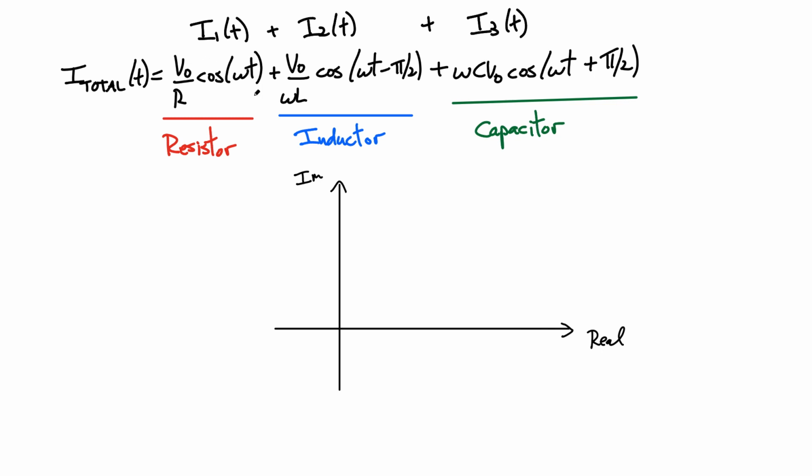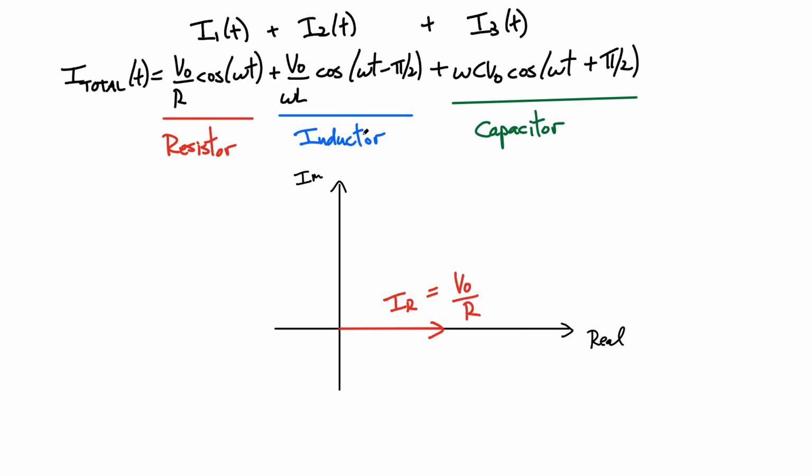So anything that's in phase gets plotted as a vector here, and the magnitude of the vector is whatever the amplitude is, which we just calculated. So for our resistor, this is the current through the resistor, as I would write it as a vector that looks like this. And the magnitude of this vector is IR, which I know was V naught divided by R, like this.